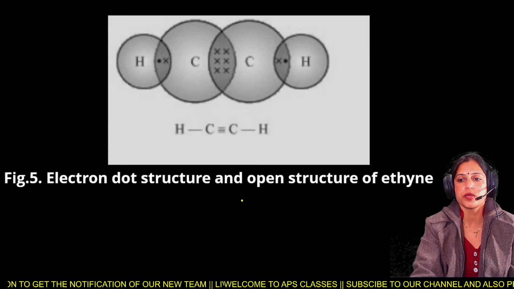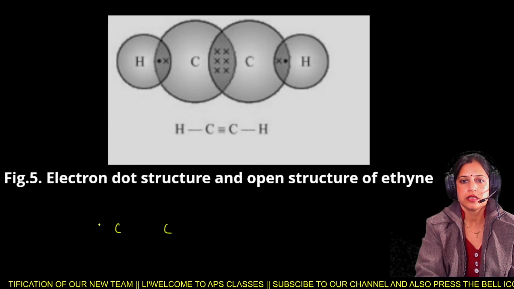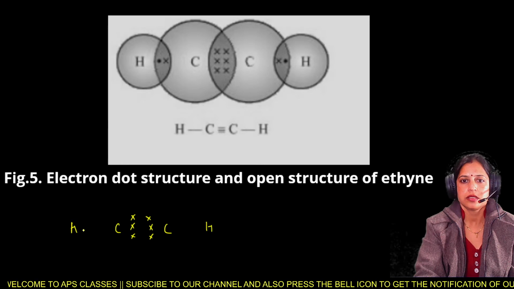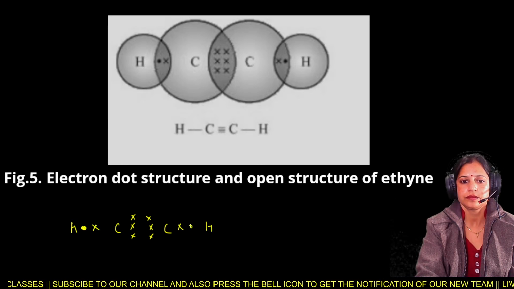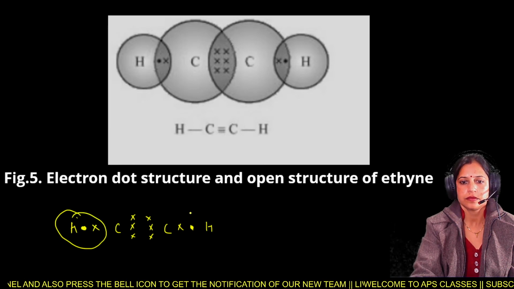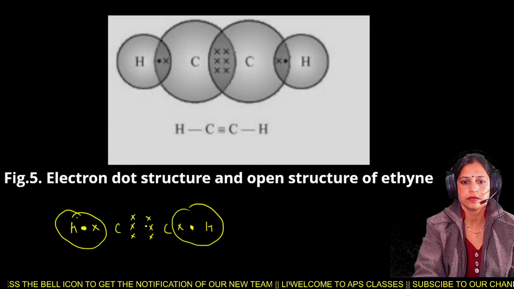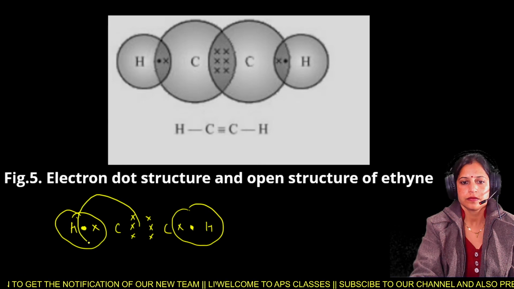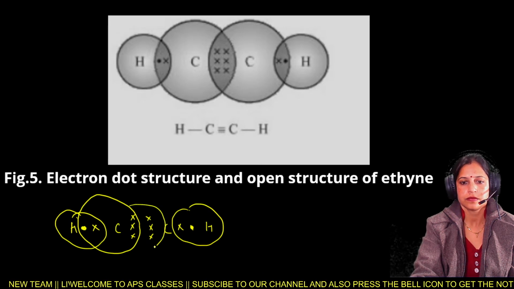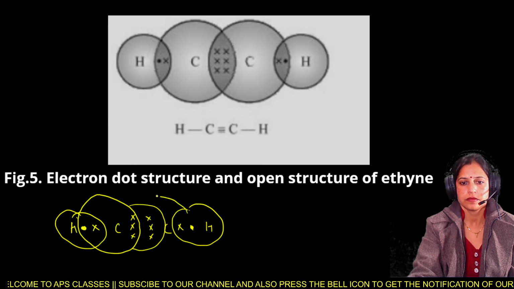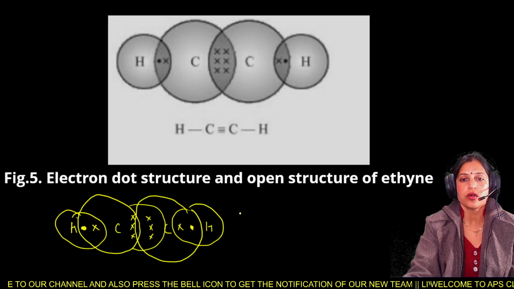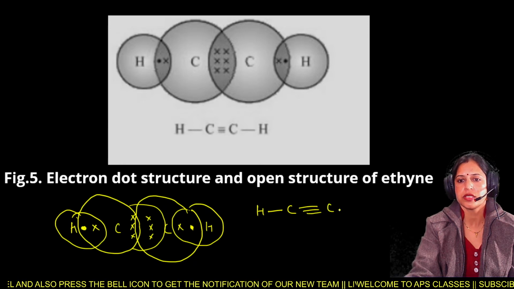Next is the electron dot structure and open chain structure of ethyne, that is HC triple bond CH.